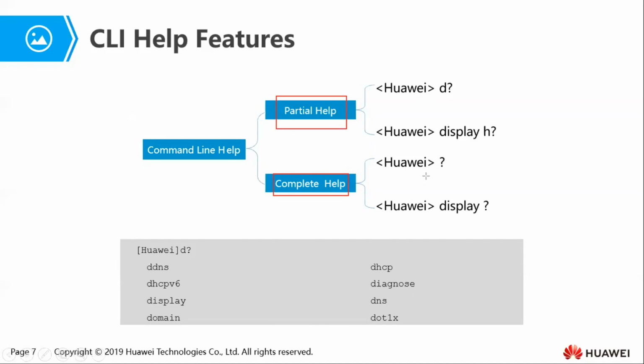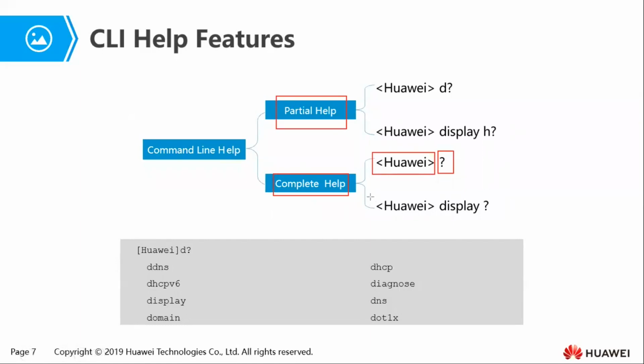So you just want to explore around. And for that, you can just be on the user view, then you just press a question mark, space, then question mark, then enter. So it will provide you with a list of all the commands that are possible on this user view.